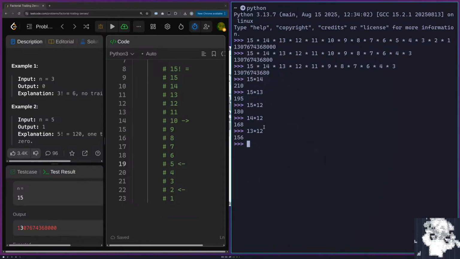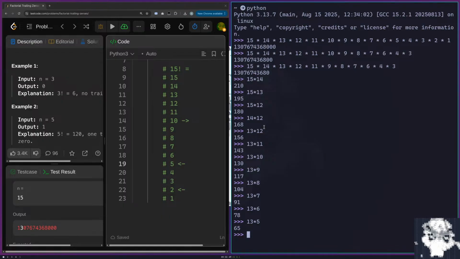Are there any other pairs? Well, I can't do 10, obviously. I guess there probably aren't any other pairs. So the 15 times some of the stuff is also divisible by 10.